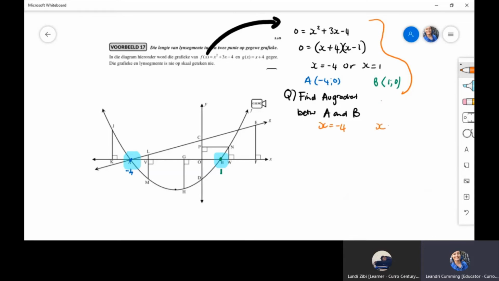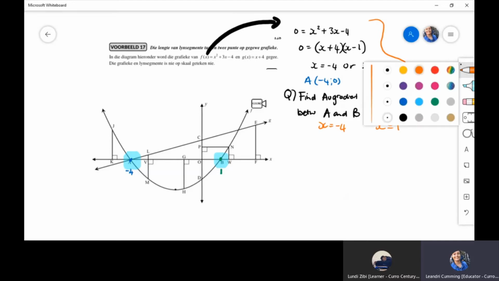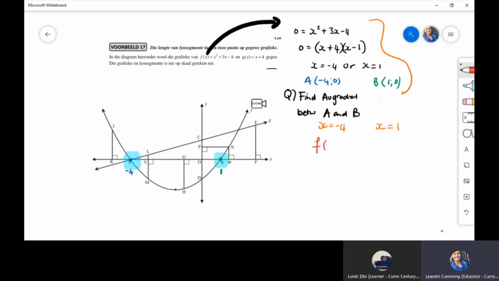At B, x is 1. And now we can continue and find out what is my f of x, what is my value of y. When x is minus 4, I can see it's 0. And what is my value at f of 1?